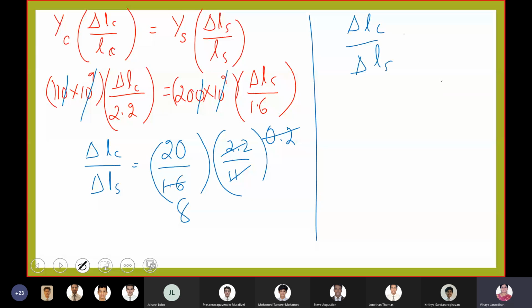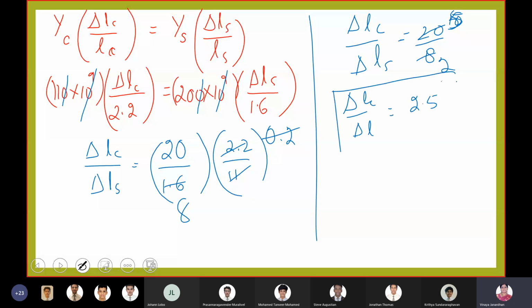Is that correct, boys? 20 by 8. So 10 and 5 and 2. So delta Lc by delta Ls is 2.5. Are you getting 2.5, boys? Yes, ma'am. 2.5.